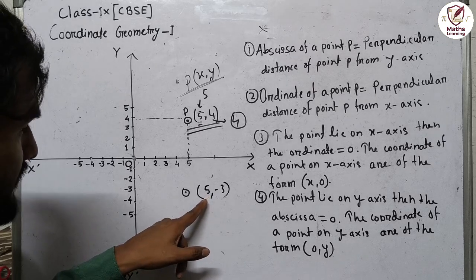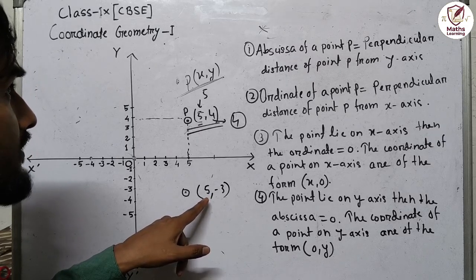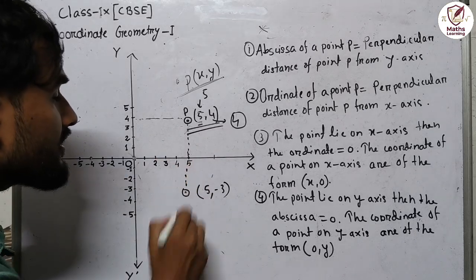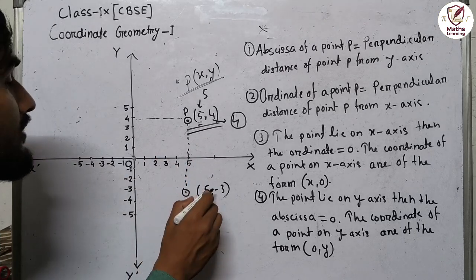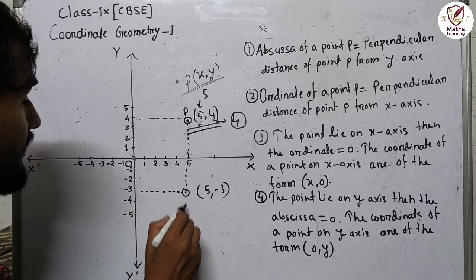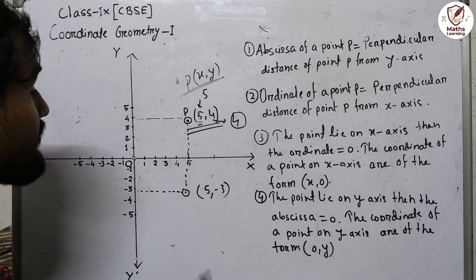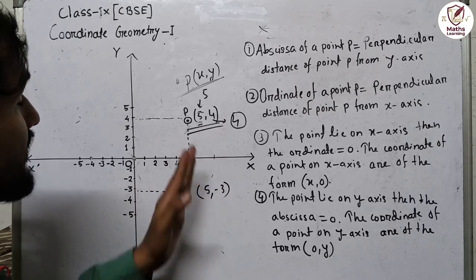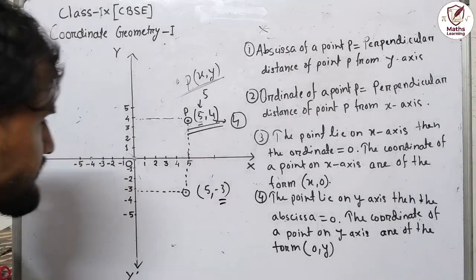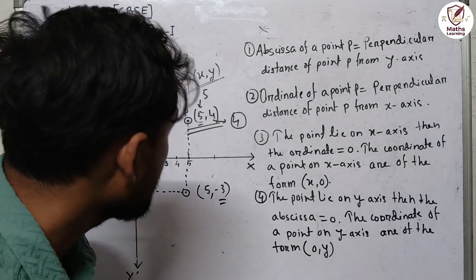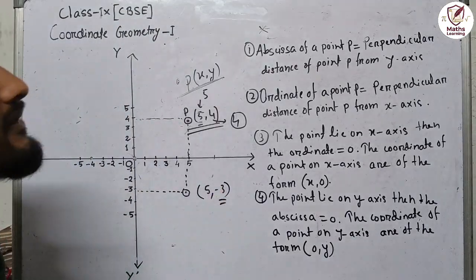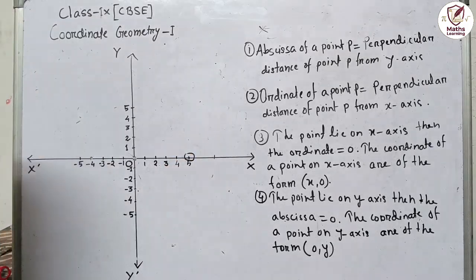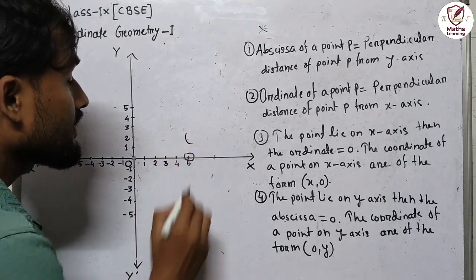What is the perpendicular distance from the x-axis? The perpendicular distance will be 3 units, and the perpendicular distance from the y-axis will be 5 units. The perpendicular distance from the y-axis is the abscissa, and the perpendicular distance from the x-axis is 3 units. It's the ordinate. How much is the ordinate? -3.